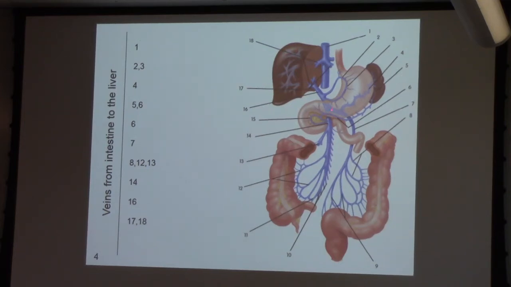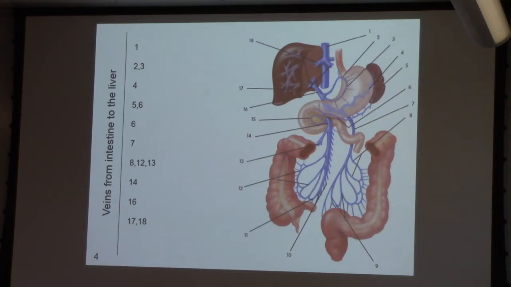Right there is the junction of the superior mesenteric vein and the inferior mesenteric vein to form the portal vein. The splenic vein has already joined in, the gastroduodenal vein and the gastric vein has joined into the superior mesenteric here.